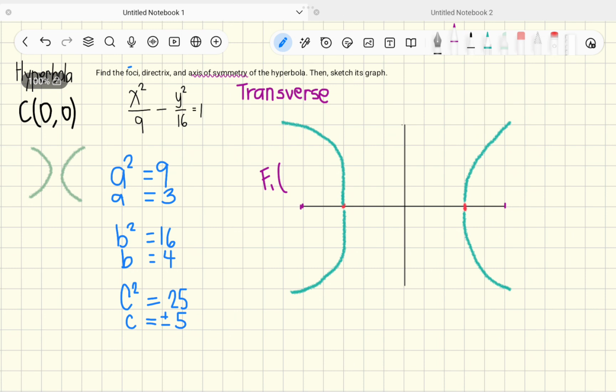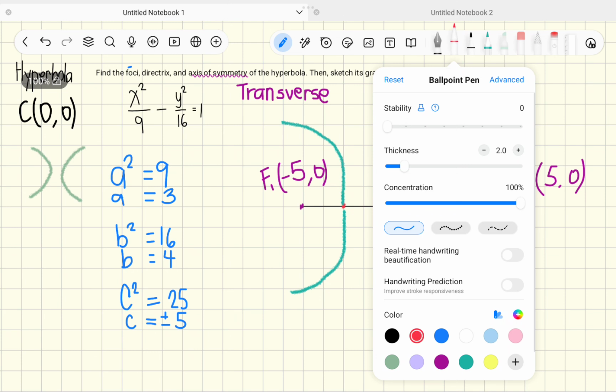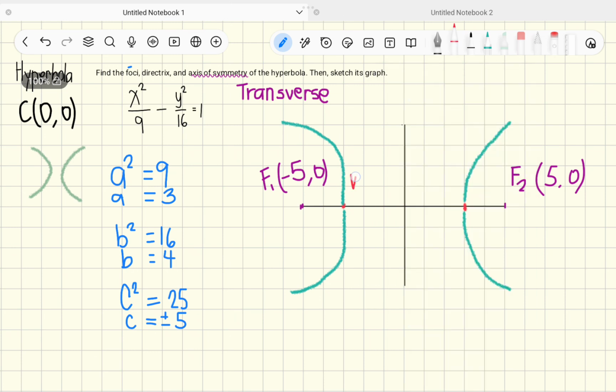This is 5 units to the left of the origin, so this is negative 5, 0. Focus 2 is positive 5, 0. Then your vertices: negative 3, 0, and the other vertex is positive 3, 0.